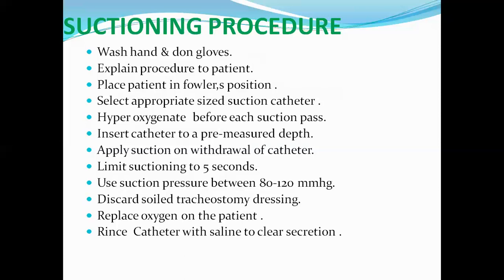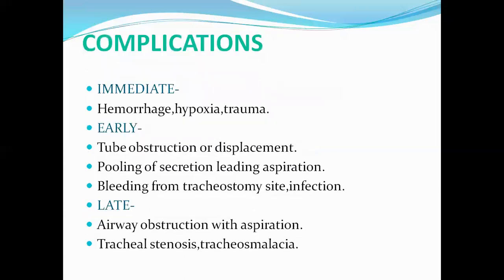Then next is to replace the oxygen on the patient. After performing the procedure, we have to replace the oxygen on the patient. Then rinse the catheter with saline to clean the secretions after completing the procedure.